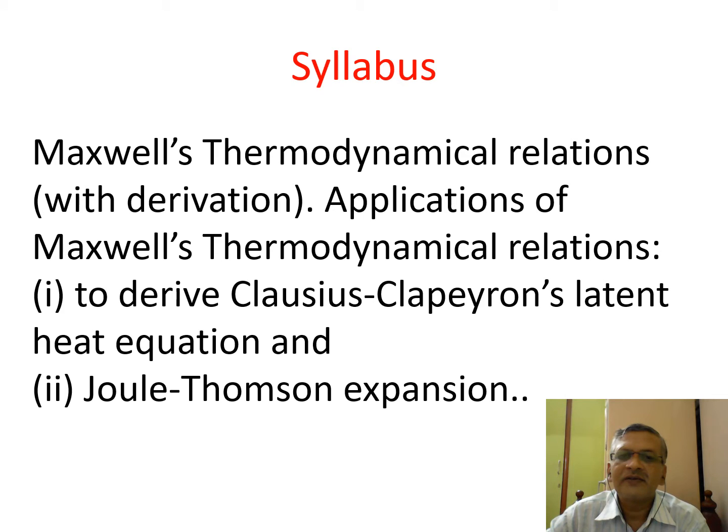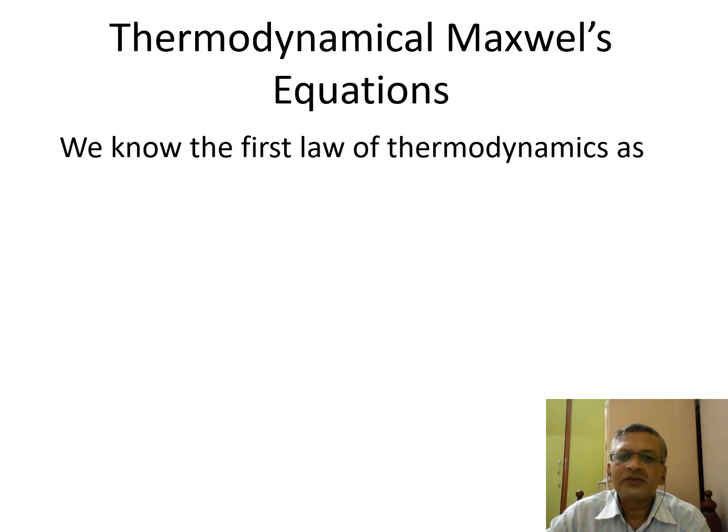The syllabus for this discussion is Maxwell's thermodynamical relations with the derivations, and applications of Maxwell's thermodynamical relations, namely deriving the Clausius-Clapeyron latent heat equation and Joule-Thomson expansion. So in this discussion of series 1, I am deriving only the general form of Maxwell's thermodynamical equation.